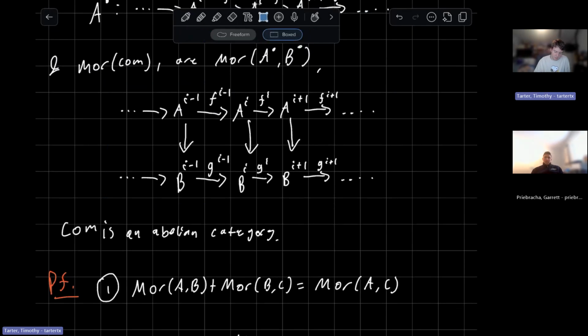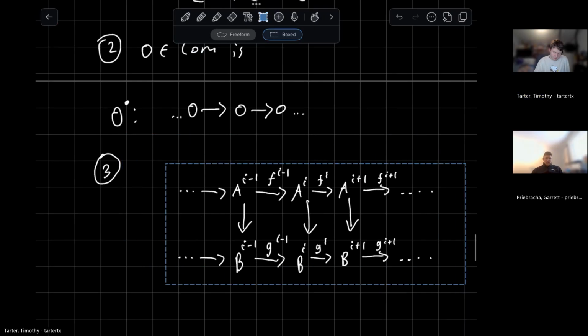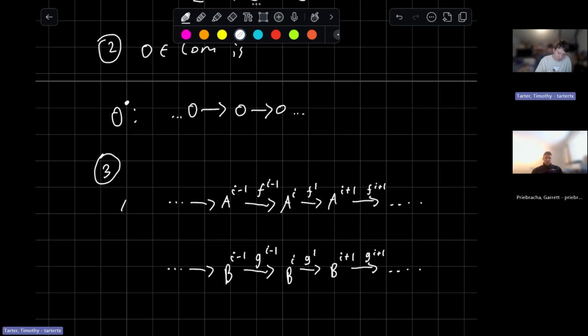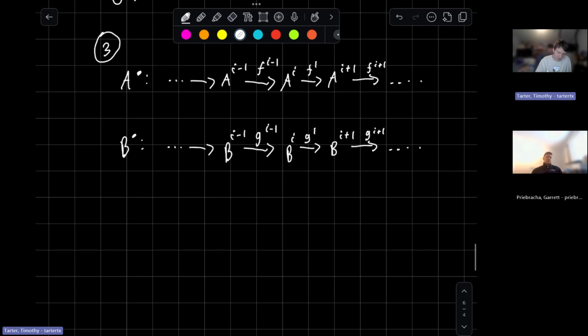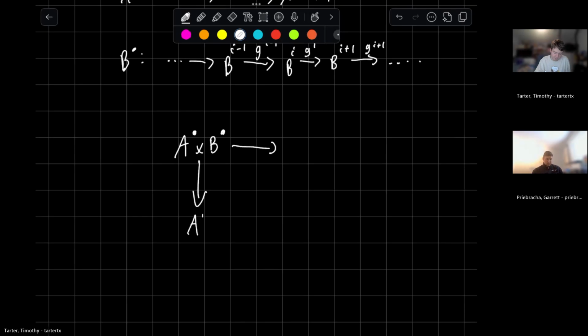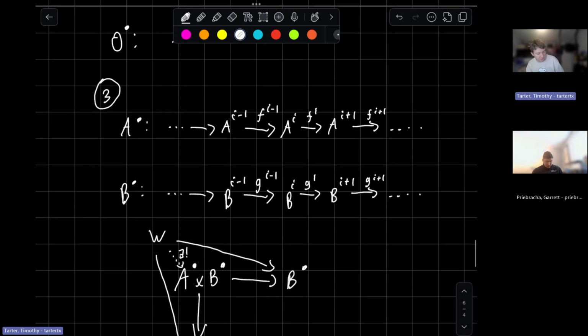So if we have A defined like so, then the product of complexes should have the unique factorization through some product.